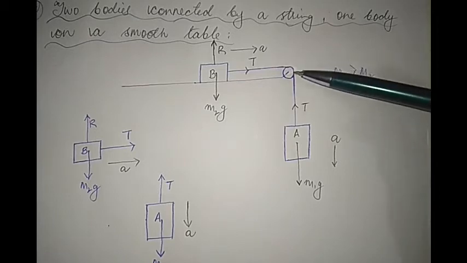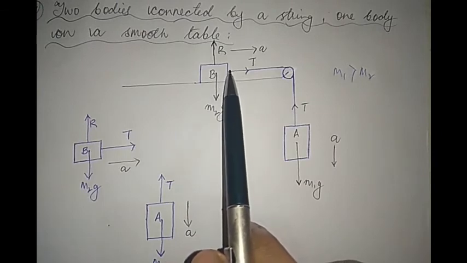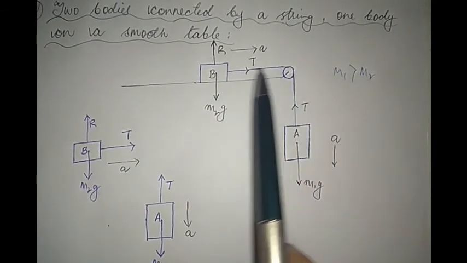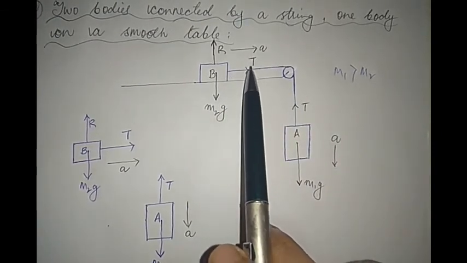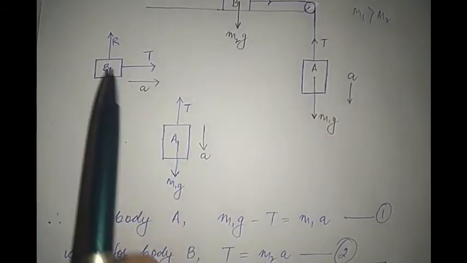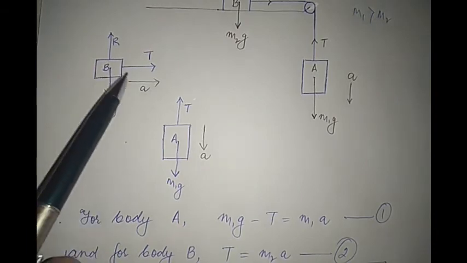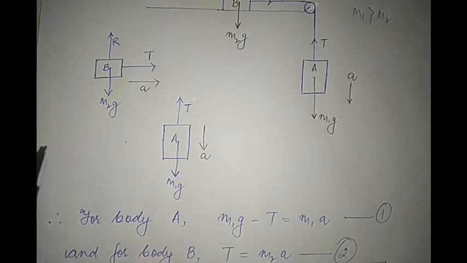Now since we've already considered the pulley to be frictionless, the body B is going to be pulled because of the tension T that is generated on this side of the wire. So here is the free body diagram for the case, and we can see that there are three forces acting on body B: m2g, its weight, and R, the normal reaction.